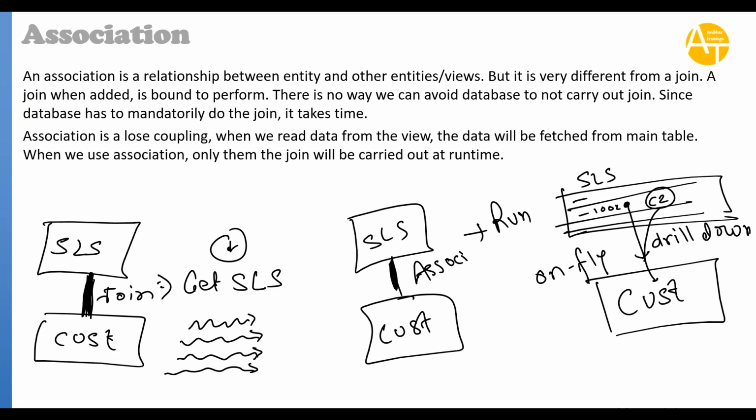Yes, we can create the association on tables or on views. We can create associations between views and also between tables, but in general associations should be created between views only. That is the recommended practice because views are your virtual tables and that's where you can add constraints in terms of security. Also, as you saw last class, we can add a lot more extra stuff as part of a view.